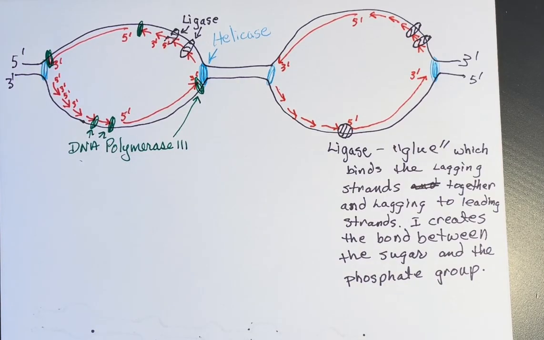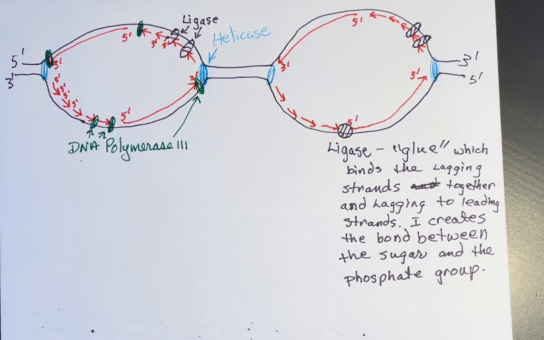All right, so now we have the 3 enzymes, helicase, DNA polymerase 3, and ligase. All right, we do have one final enzyme that I want to mention. It's usually referred to as DNA polymerase 1, but it's also called DNA polymerase epsilon and delta. And this does a proof checking.